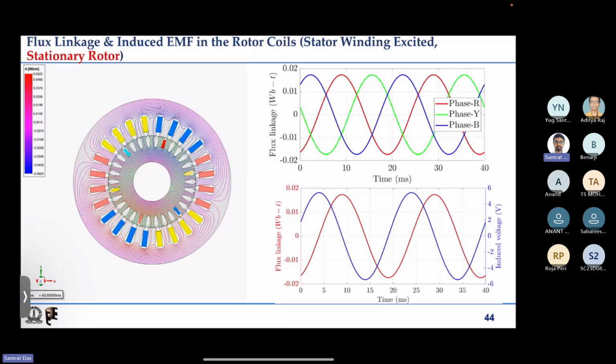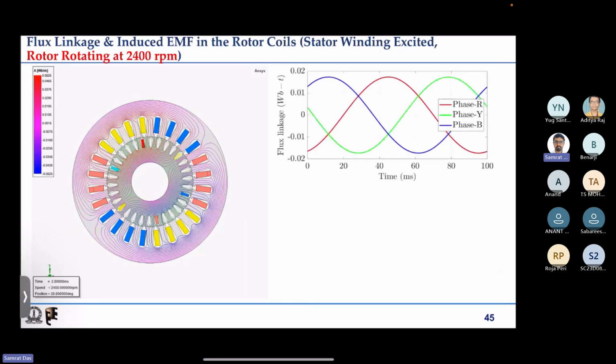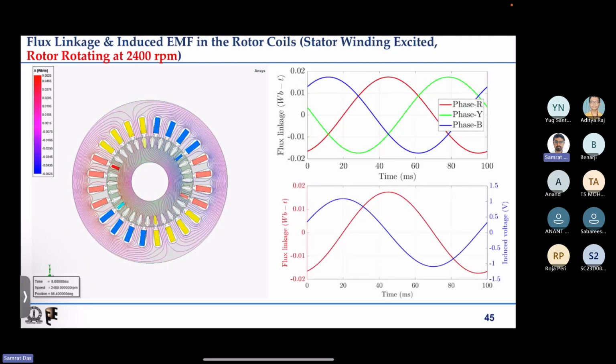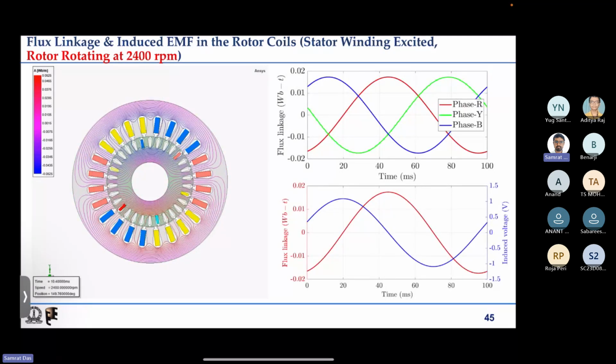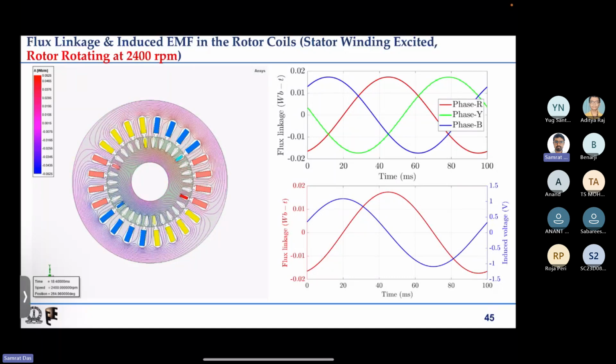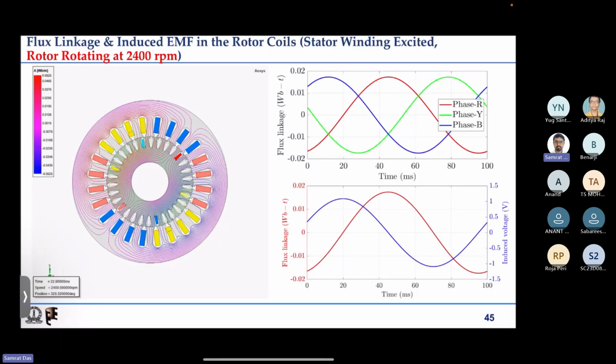So there will be current in the rotor winding automatically because of electromagnetic induction. There is no necessity to separately excite the rotor also. And we went on to see that we could have this induction machine, this second type of machine, where the rotor is not rotating at the same speed as the stator magnetic field. That is known as an asynchronous machine or induction machine, because it operates on the principle of electromagnetic induction.